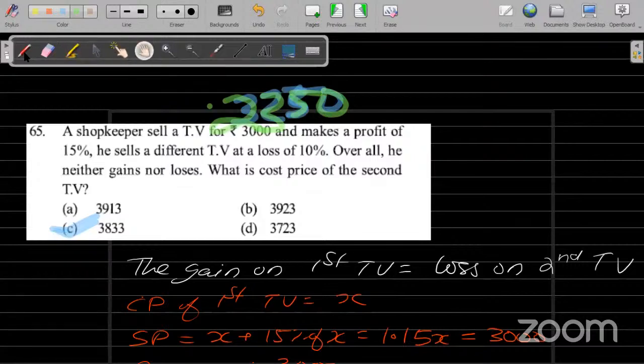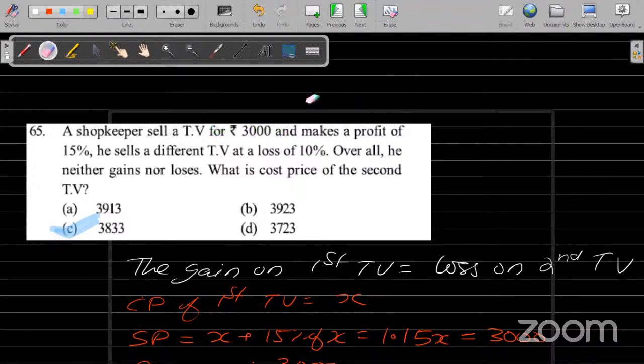Then it should be perfectly divisible by 1.15 and we'll get an answer, better than doing like this. So please leave this question. Here the answer is 3913, not 3833. 3913 is the answer to the question.